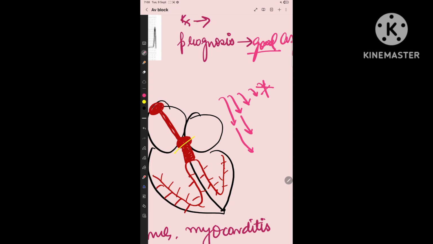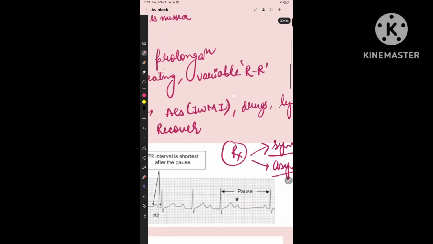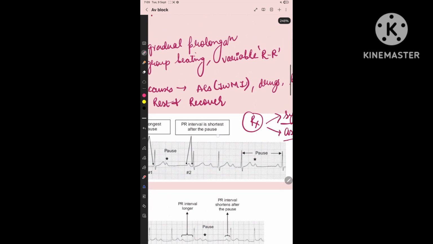So what will we see? We will see a gradual progression, gradual elongation of the PR interval. And when this P wave is missed, the next P wave will have the normal interval like the first one. We will understand this with the help of an ECG.